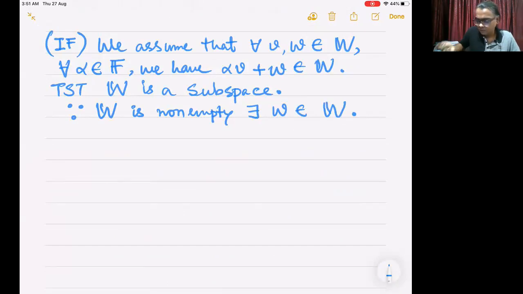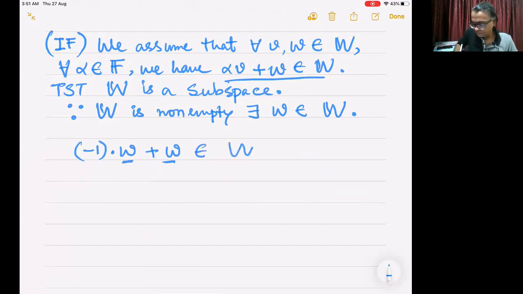So if one element is there, then -1 times W plus W is an expression of this form. And we've already assumed that such expressions for all V, W in capital W must also be in capital W. So that means this must be in capital W.